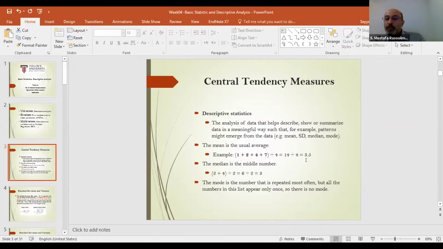This will be the mean value for all the responses that we have. For example, if we have 4 responses: 1, 2, 4, and 7, the mean value means the average of these 4 cases. So the average is 3.5.